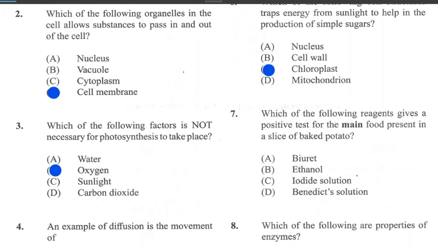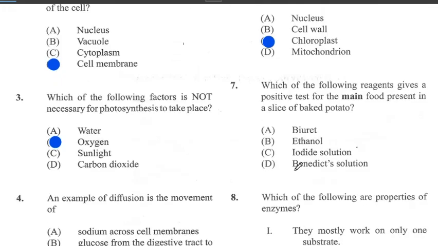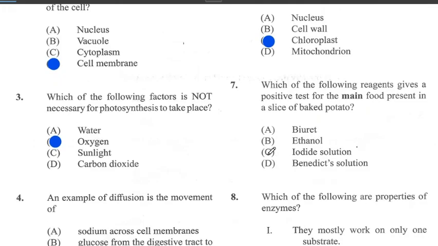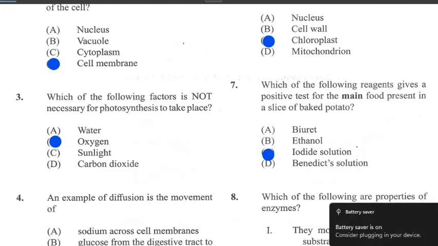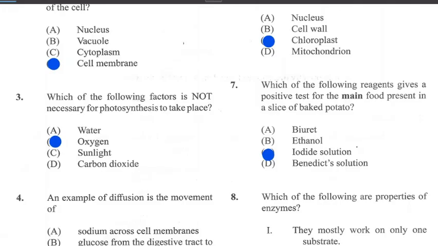Which of the following regions gives a positive test for the main food present in a slice of baked potato? We do know that that is the iodine solution. This is a very famous solution. This is a repeat question. It did repeat in 2005, so that's something important to note.